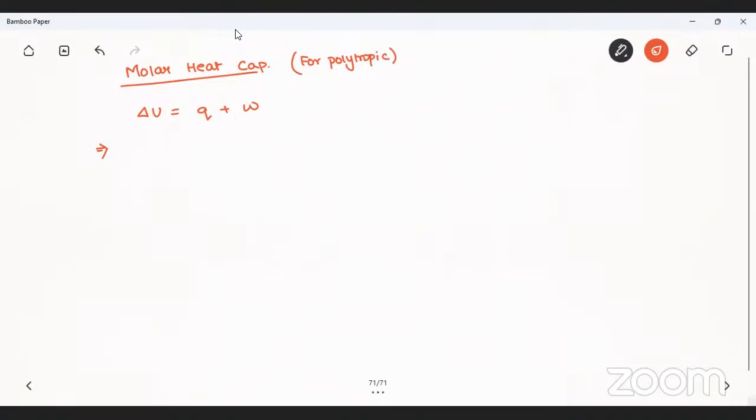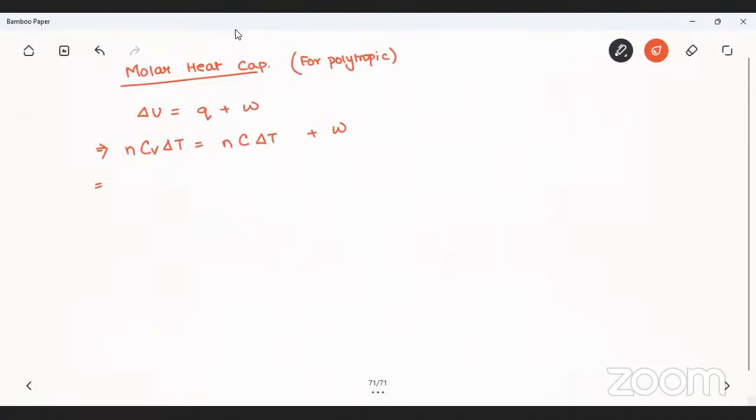In yesterday's class, we derived ΔU is nCvΔT. What is Q? nCΔT plus W. Yesterday from the molar heat capacity, this is what I have got.